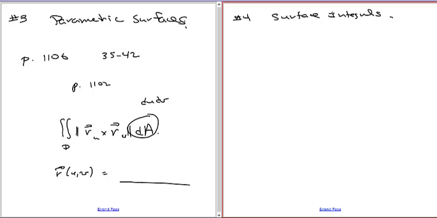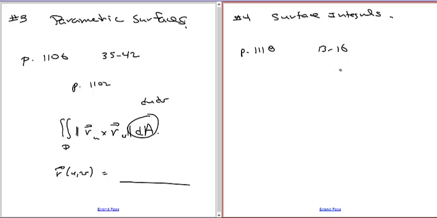There's the surface integral with a scalar and the surface integral with a vector. Again, I'm going to tell you what set of problems you're going to be looking at to help you prepare for this. So this is page 1118, 13 through 16.